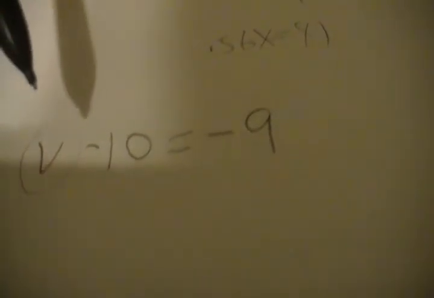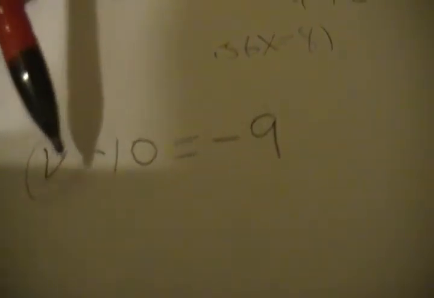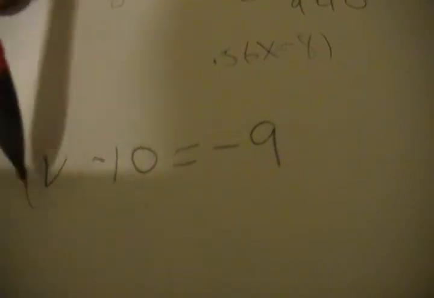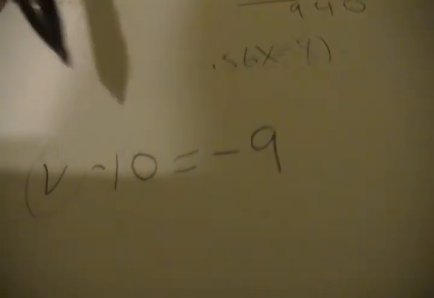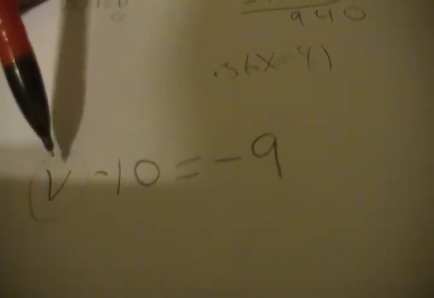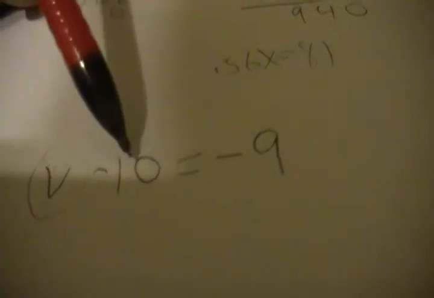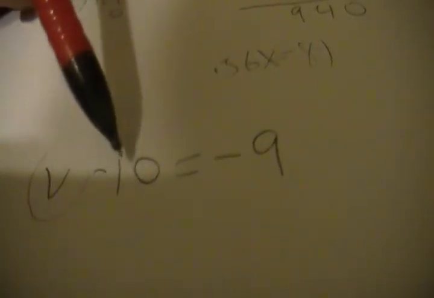Now there's a general rule here. We have what we call our variables, and numbers. The general rule is you want to bring all the variables to one side and then bring all the numbers or constants on the other side.